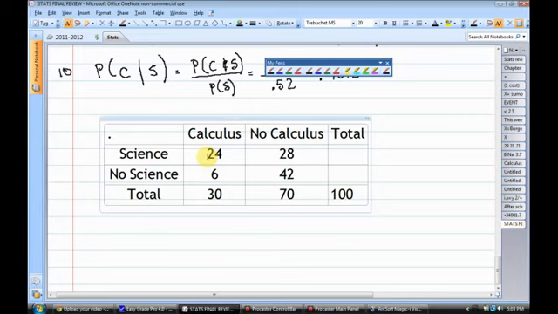So how many kids took science? 52. How many kids did not take science? 48. So now we should be able to answer every question about this. What's the probability that a student takes science? That's 52 out of 100.